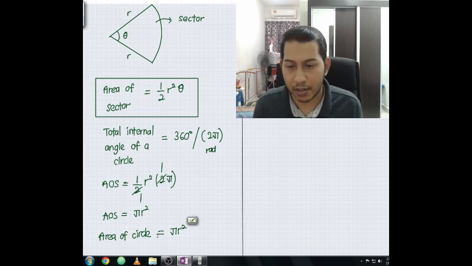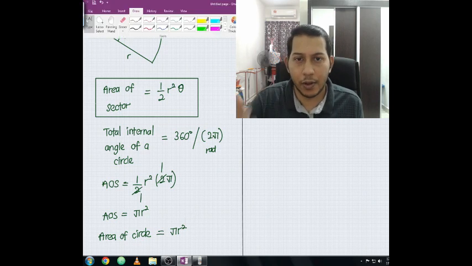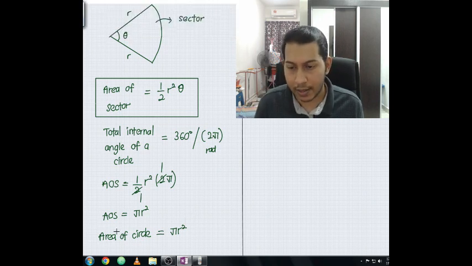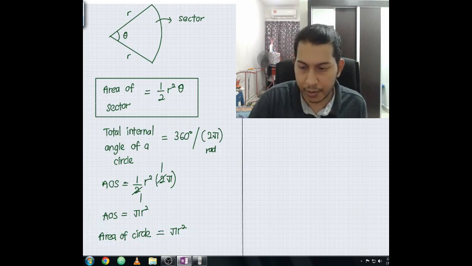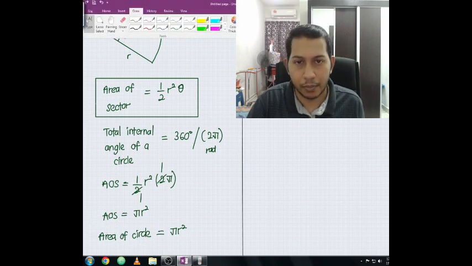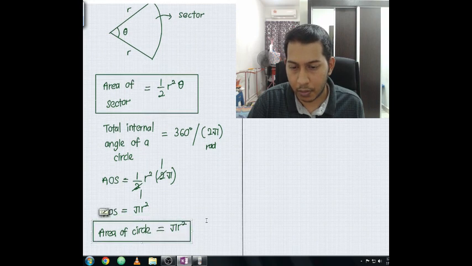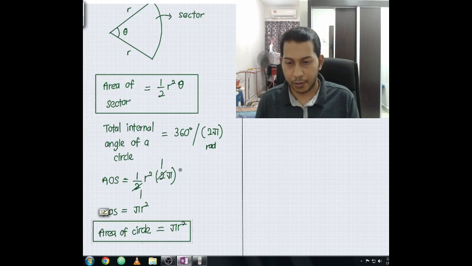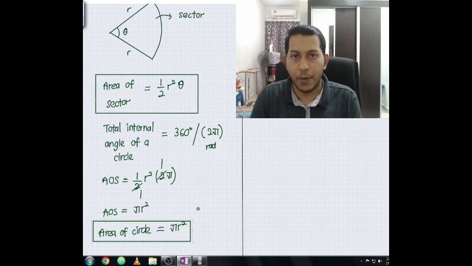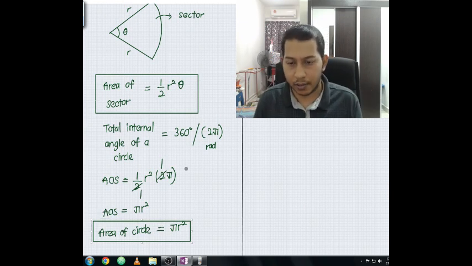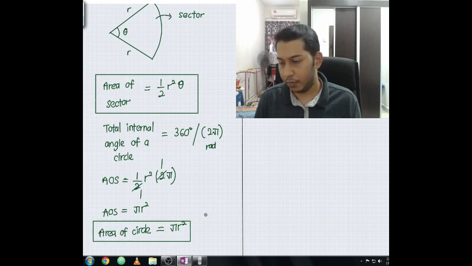Let me box this as well. By the way, this is for your extra knowledge, for your understanding. Let me undo this and draw a bigger box. So this is how you get the area of circle, pi r square.